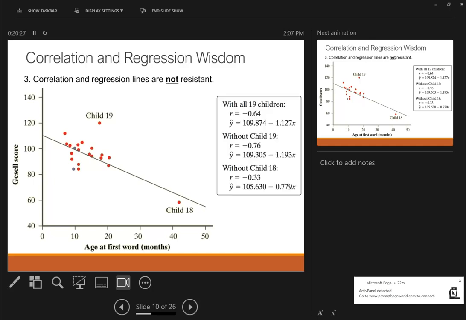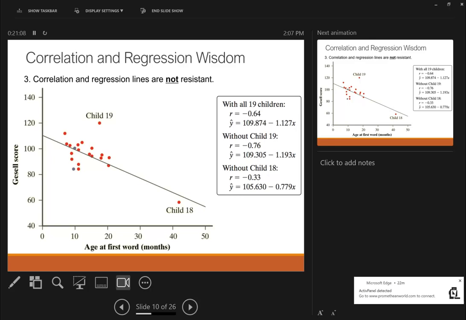Let's see. With all 19 children, the R value is 0.64. Removing child 19 improves your R value to negative 0.76. If we remove child 18, it worsens your R value to negative 0.33. So just because something is an outlier in one direction or the other doesn't necessarily mean that removing it is going to improve your R, right?